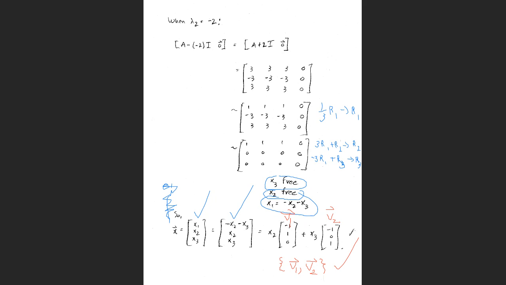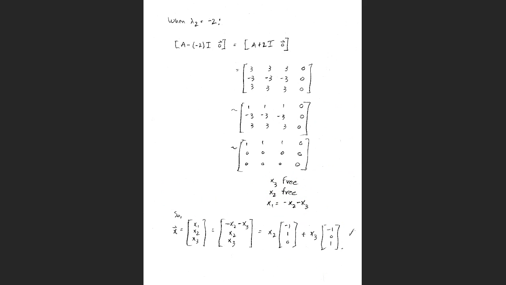I'm sorry, I shouldn't call them v1 and v2. I should call these eigenvectors v2 and v3, because we used v1 for the previous eigenvector. So there's a basis, v2 and v3.